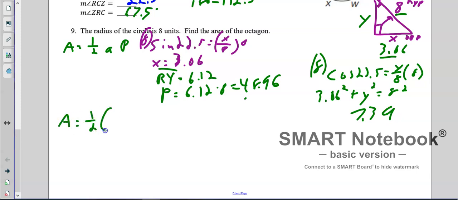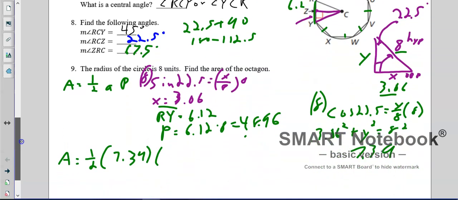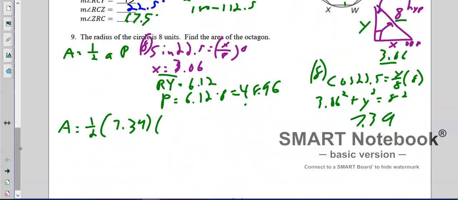1/2, or 0.5, times 7.39 times, I had it, where'd it go? 48.96. Oh, there it is. Right above me. So, 48.96 times 7.39, and you could either multiply by 1/2, multiply by 0.5, or divide by 2.